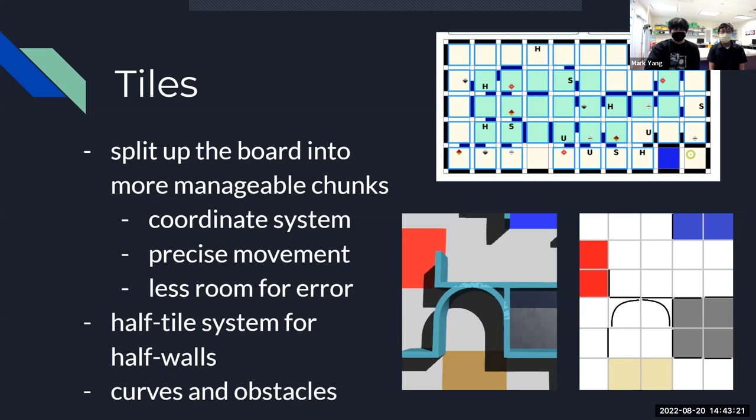It splits the board up into more manageable chunks, and it's made up of different colored tiles as well as different tile walls. The tile colors can be like silver, brown, and black, which are representative of other things in the simulation, like a swamp, black hole, checkpoint, etc. And the tile walls are also split into 3 chunks: full tile walls, half tile walls, and curved walls.